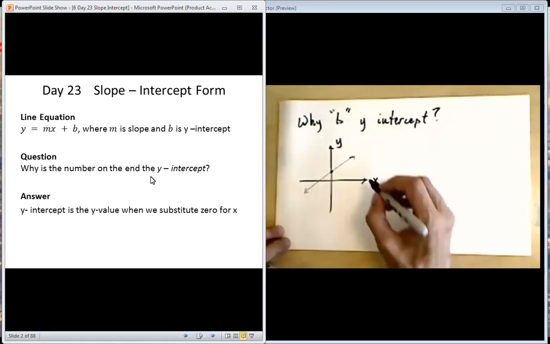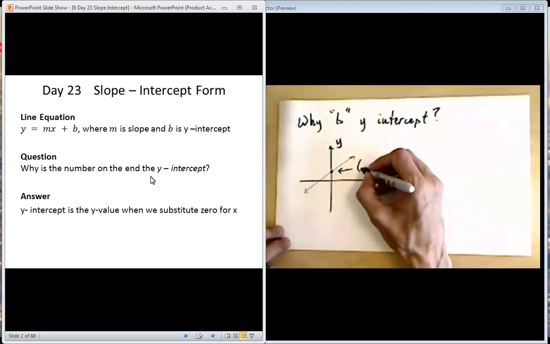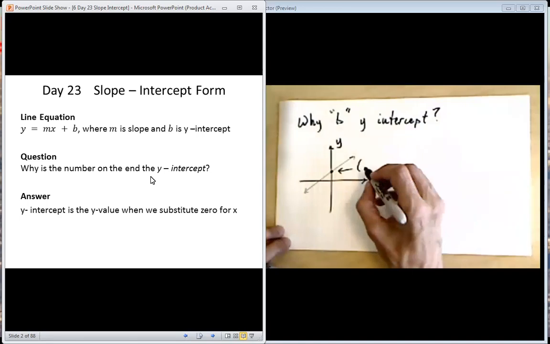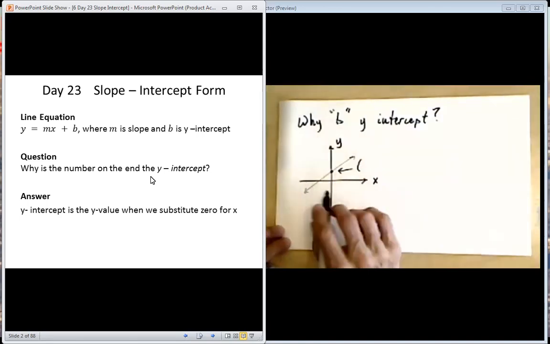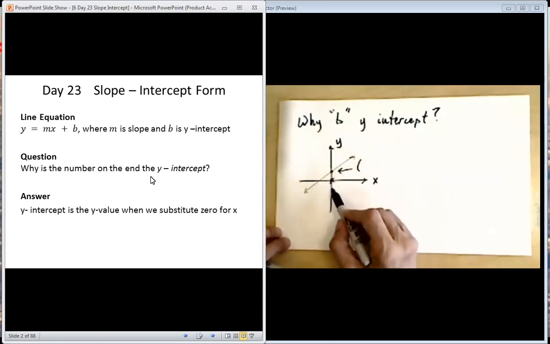Okay. So the coordinates of that point are going to be, like for the x value, to get to this point, remember from the other day, we started at the origin here, right? To get to this point, do we go to the right at all?